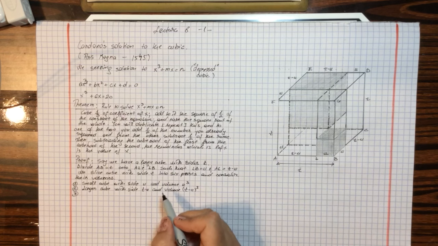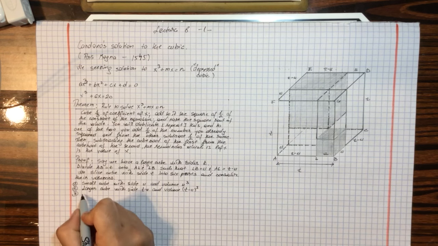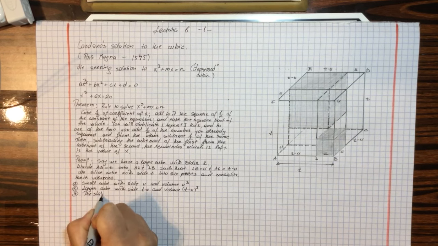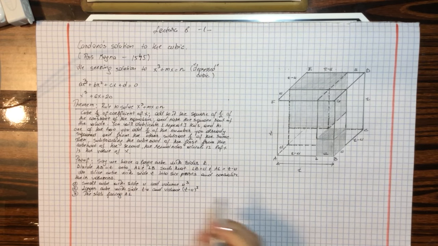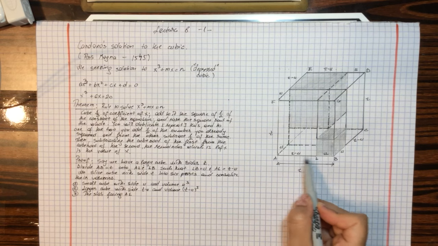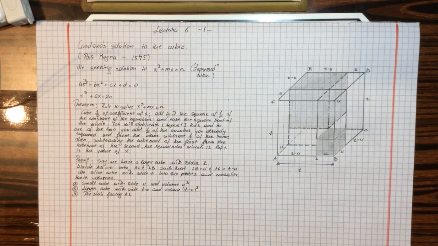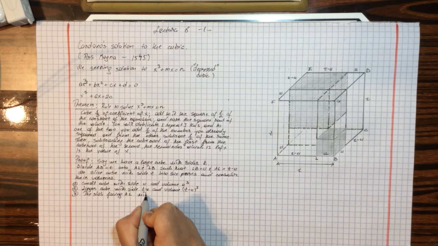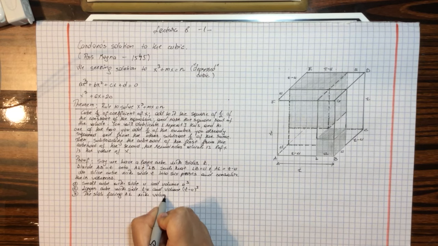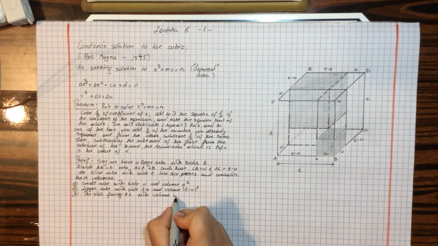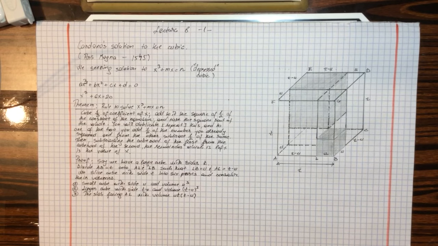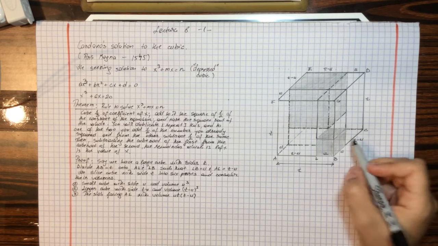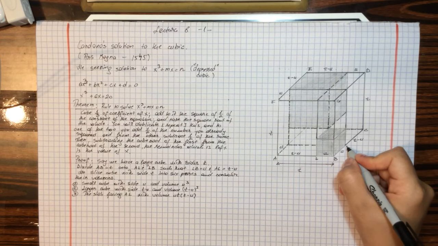So the slab facing AL has volume u times t times t minus u. Okay, let me call this point P.